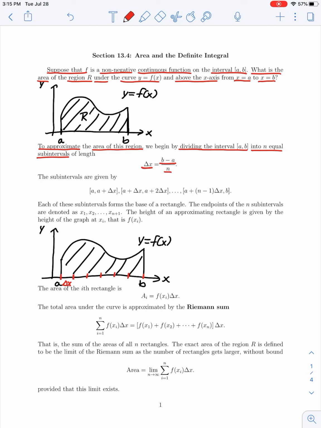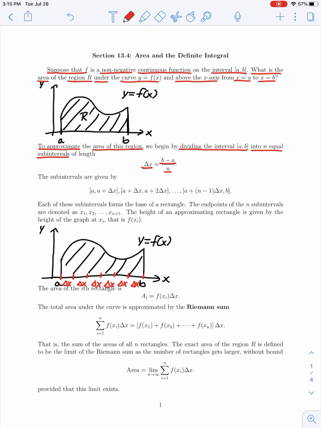So the length of each of these intervals is what we're calling delta x. And there are n total intervals. So the more subintervals I use, of course, the smaller the length of those intervals.